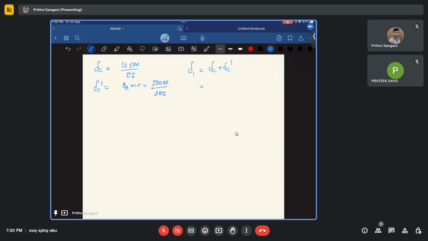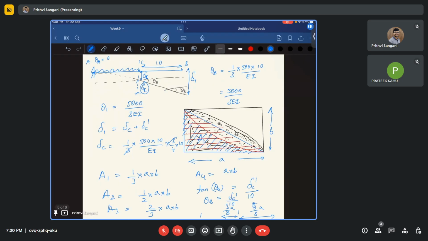That is 12,500 by EI plus 50,000 by 3 EI. So delta 1 is going to be 87,500 by 3 EI. Alright, so this is my delta 1. I have finished calculating theta 1 and delta 1.